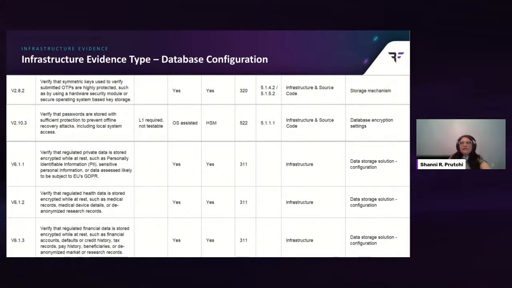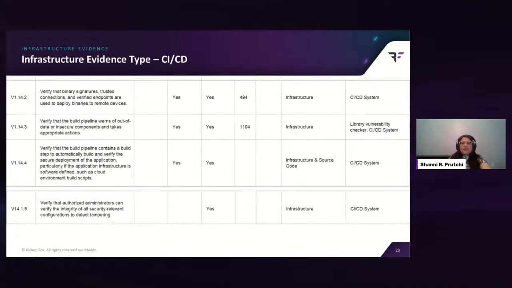We also have CI/CD, which refers to the organization's code, build, test, and deployment pipeline, and that also comprises 17% of the infrastructure-based requirements. You can see that in 1.14.2 and 1.14.3, which is the threat modeling, the configuration architecture section of the architecture, design, and threat modeling chapter, we see references to two parts of the CI/CD pipeline: test and deploy.